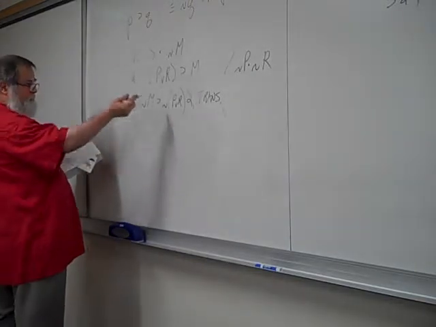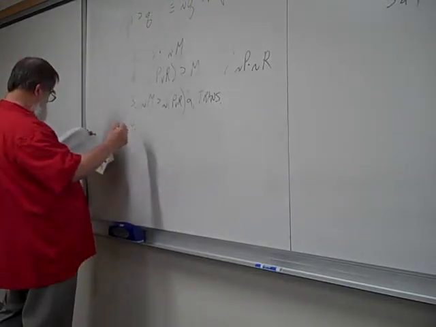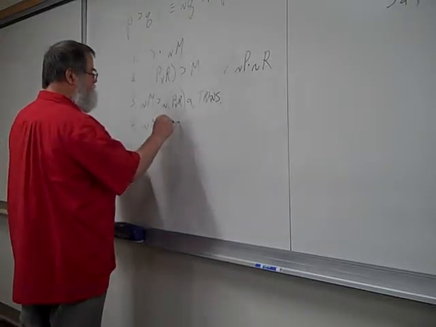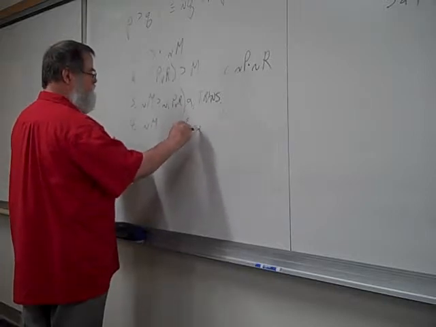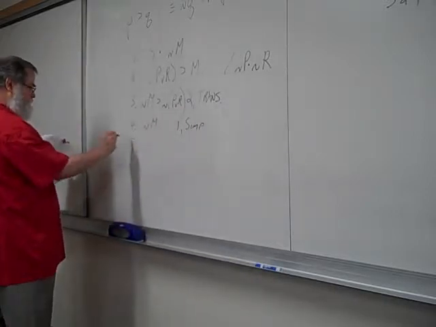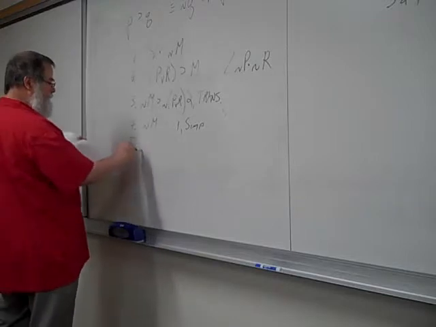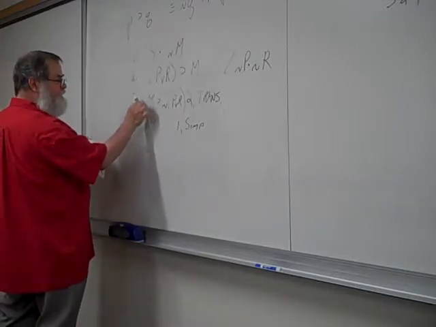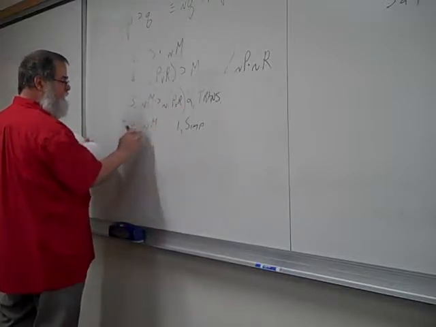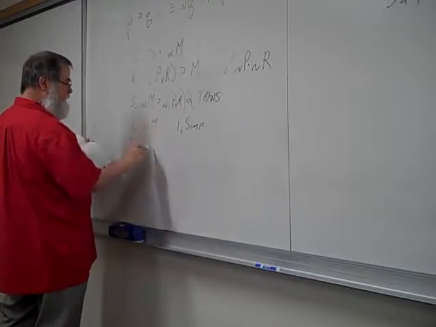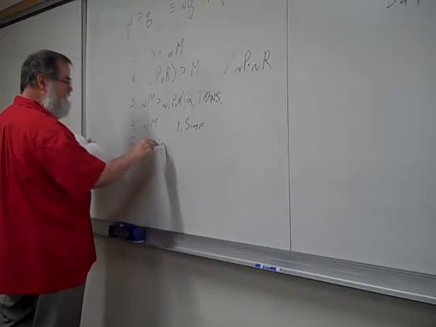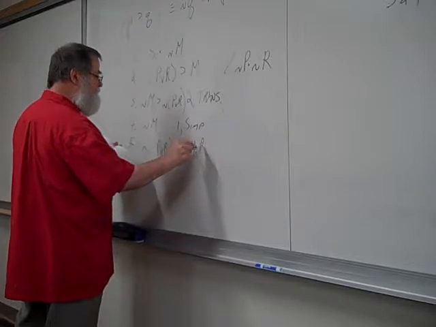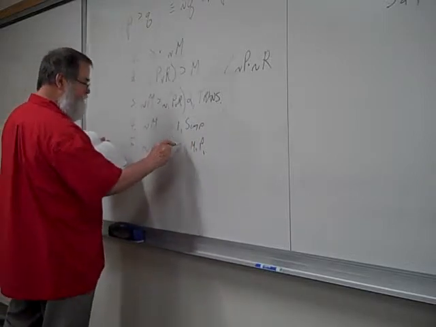For step 4, simplification from line 1, and they get not M. Step 5, we get this because this is modus ponens. If this, then this, but I do have this, so I do have this, not the case P or R, and that's modus ponens from 3 and 4.